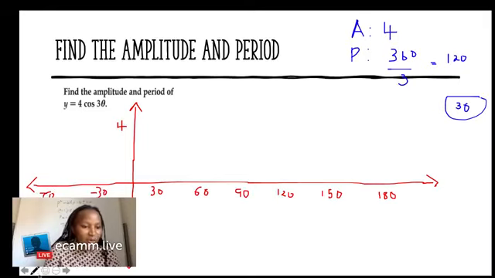So now let's go ahead and put our points. Let's use a different color for that, blue color. When we put in your calculator, you put 4 cos 3, and then your first theta will be 0. When you put 0 here, you will get 4. When you put 30, you will get 0.